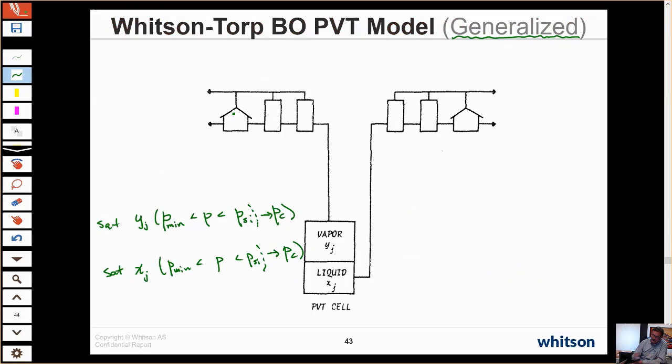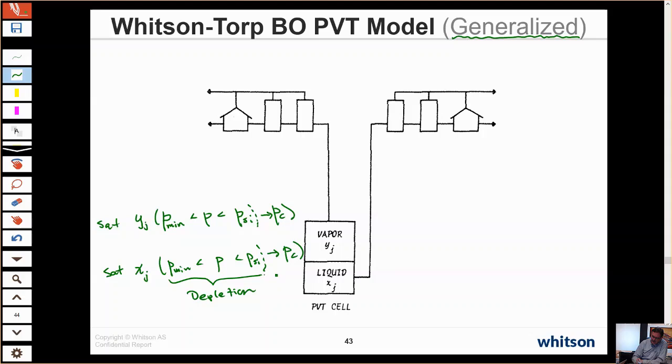Okay? That allows you to get so in the lower pressure region here, we'll use some kind of a depletion test.